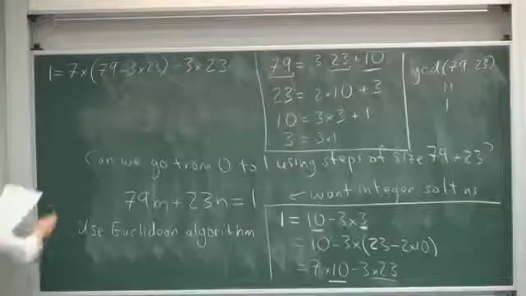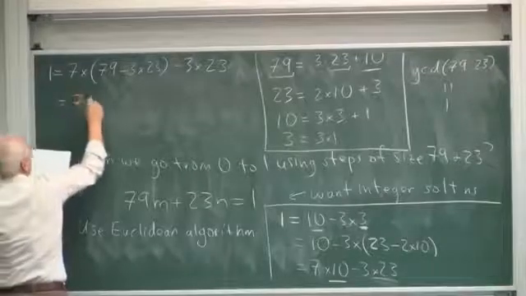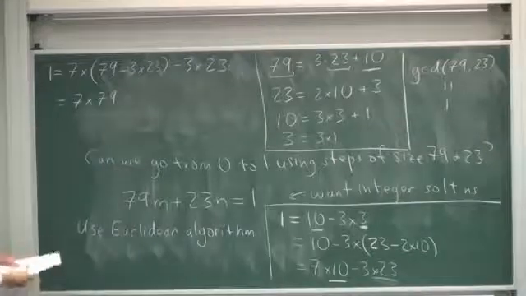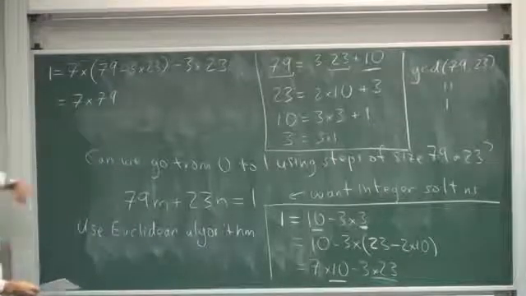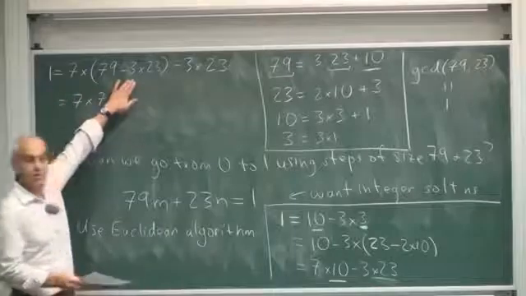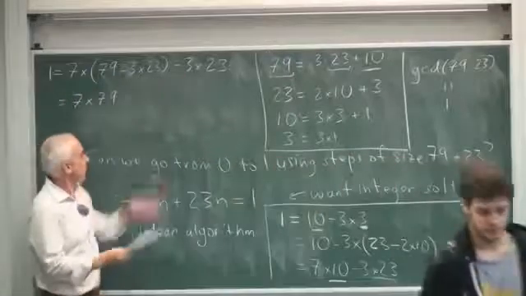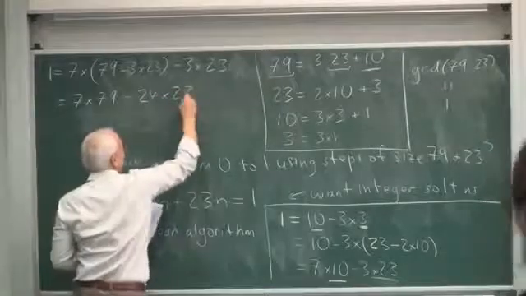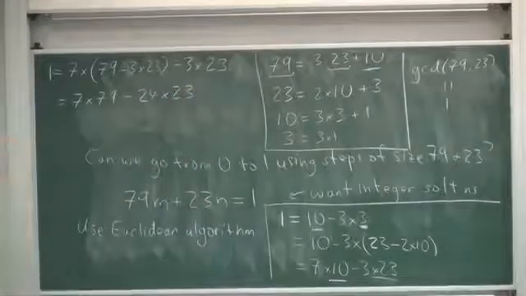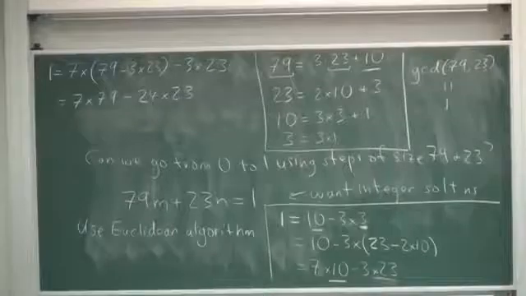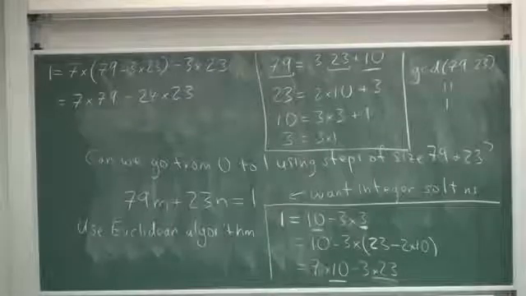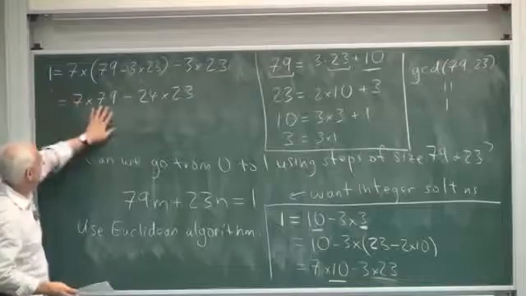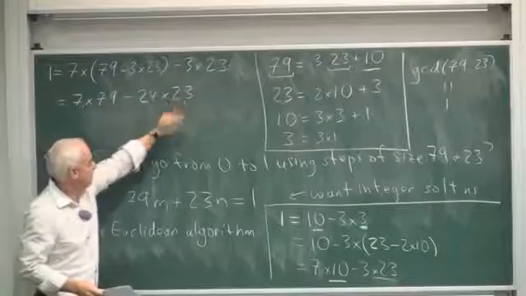And when we put that together, we see that we have 7 times 79. And how many 23s do we have? Minus 21 from there, minus another 3, so minus 24 23s. And so we've written 1 as a combination of a multiple of 79 and a multiple of 23.